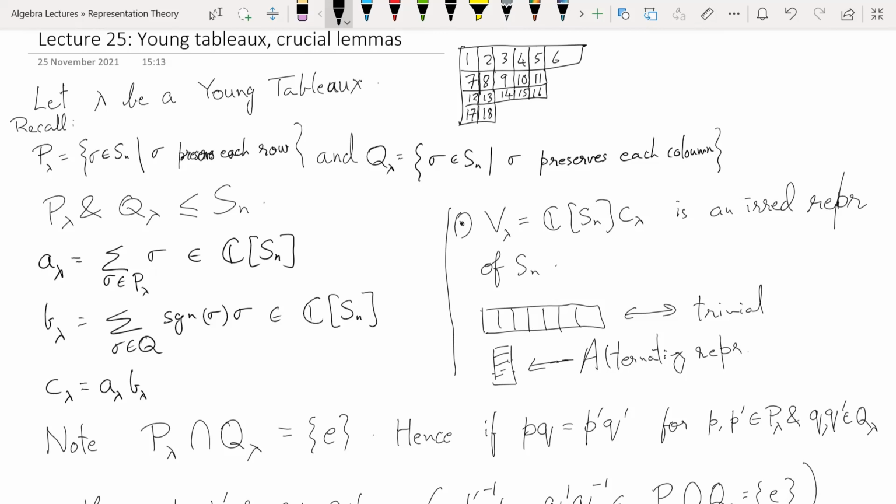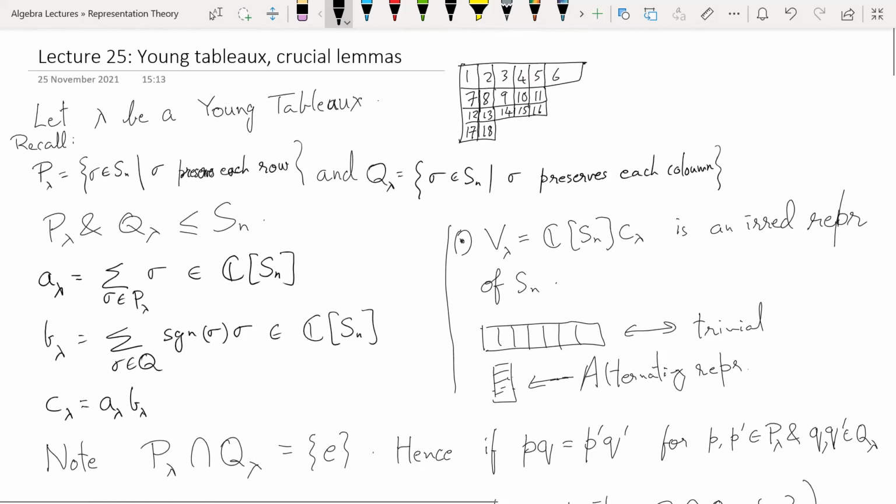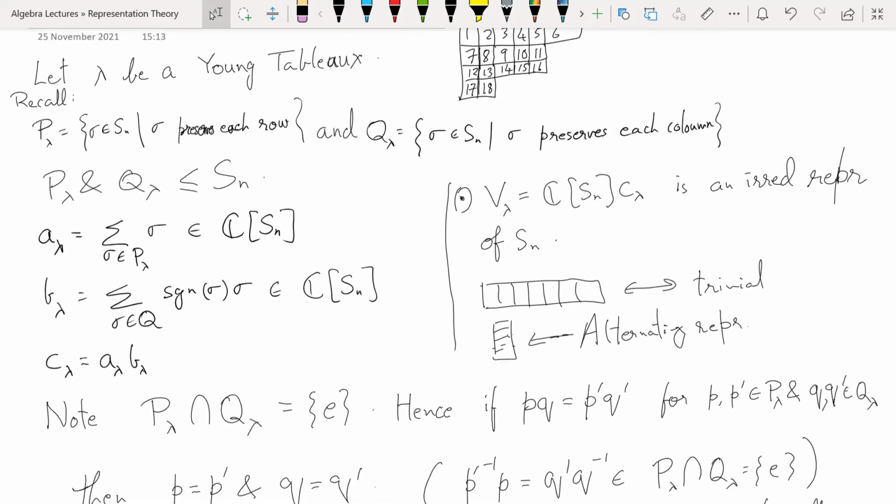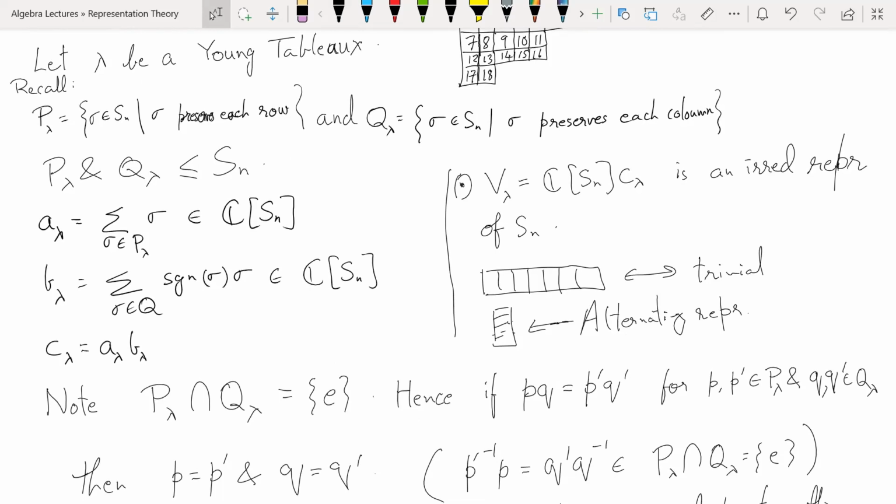So today we'll see some crucial properties of C lambda in the group ring. That's where the fact that the group is Sn is going to be used. So today we'll see some crucial lemmas, and then maybe next time we will see the proof of this thing. It's unlikely we will get to the proof today.